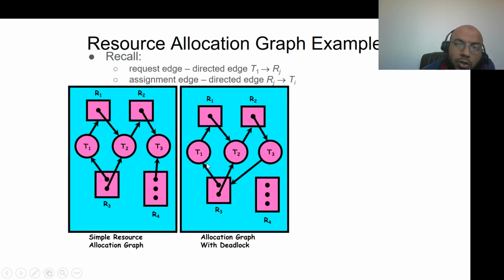R3 is allocated to T2 and T1, and T1 requests R1. So there is a cycle. If you follow this, there is a cycle that goes from T1 to R1, from R1 to T2, from T2 to R2, from R2 to T3, from T3 to R3, from R3 to both T2 and T1.